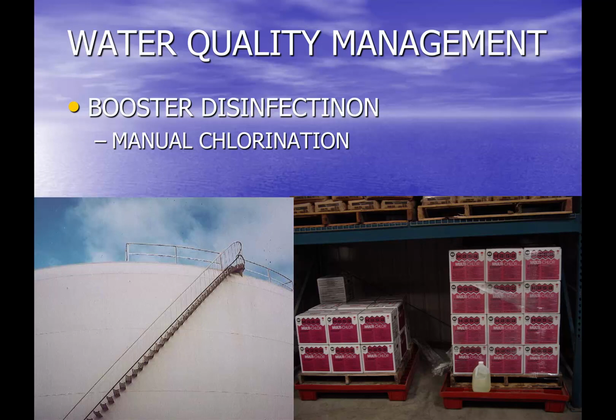Well, there's some serious issues with that approach. Sure, we can do the math and say how much sodium hypochlorite we need to accomplish an objective, but it's a significant impact on labor to haul those bottles up those stairs, and we're literally talking about 50, 60, maybe even 70 gallons, so multiple trips carrying those things up the stairs. You're dumping it in a hatch. You're not really getting a great mix.